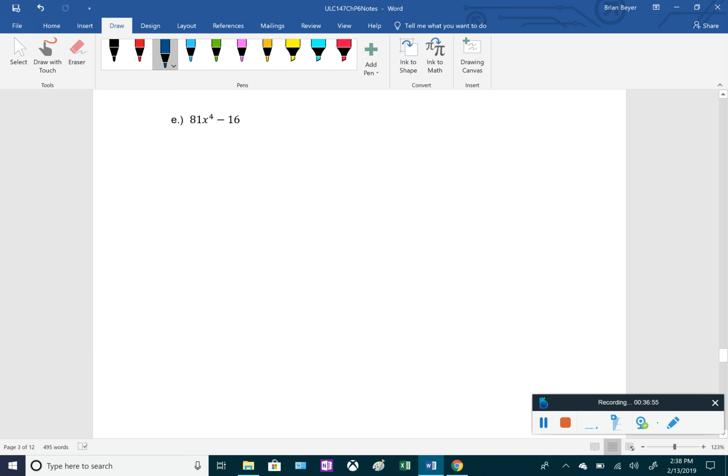Okay, and then doing one more here, 81x to the 4th minus 16. So for this one, I'm going to recognize that 81x to the 4th is 9x squared all squared. 16 is 4 squared. So we can write this as 9x squared plus 4, which is prime, times 9x squared minus 4. So the first one's done.